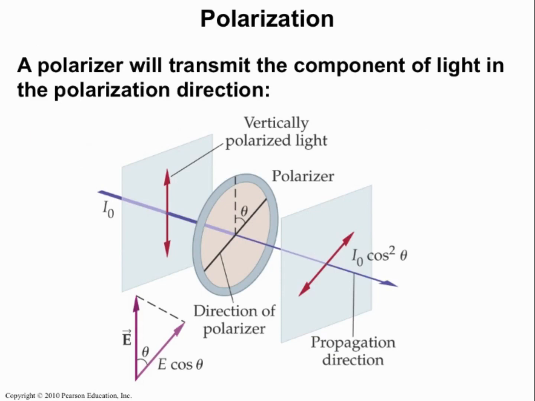The polarizer will transmit the component of light in the polarization direction. So notice that if I have vertically polarized light here, because that vertically polarized light has already passed through a polarizer, and then it goes through a second polarizer, then I'm going to get a new plane of polarization, and a new intensity, which is I0 cosine squared theta.